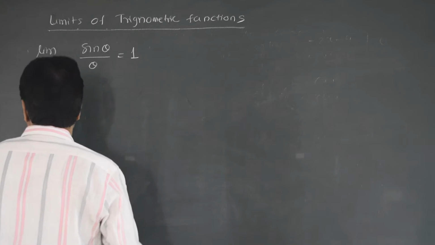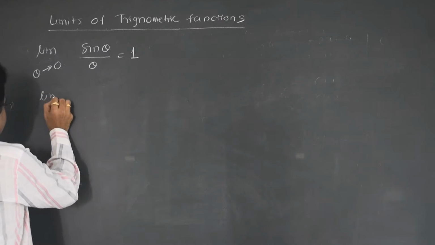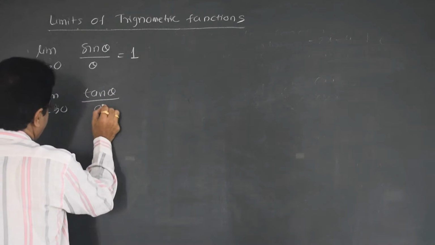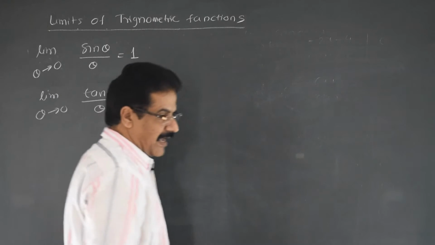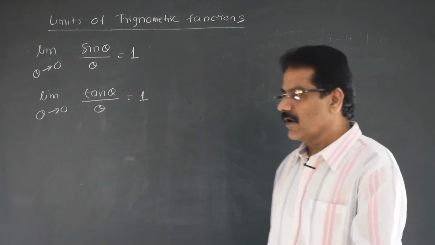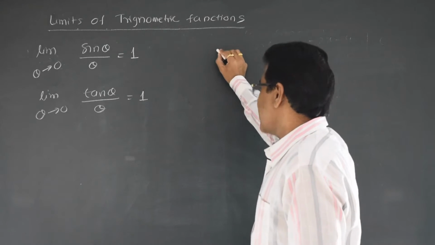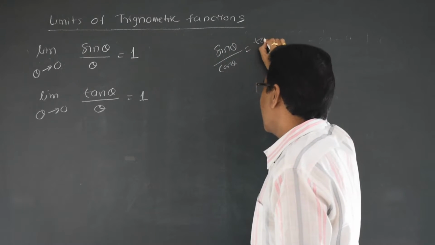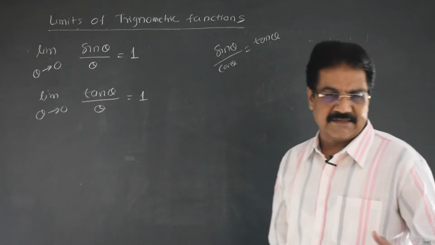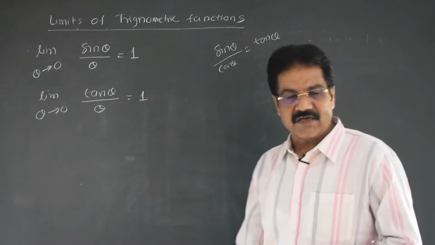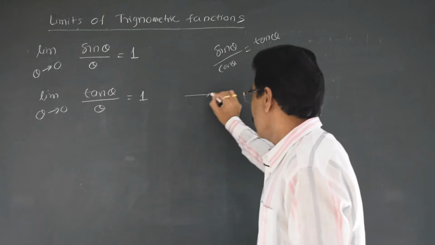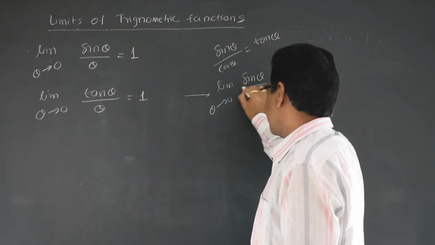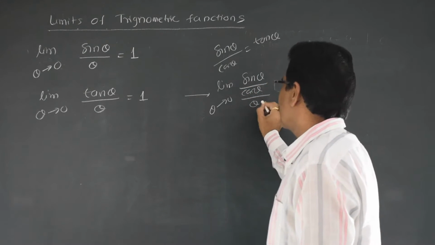So which formulas can be used? Limit as theta tends to 0 of tan theta upon theta is equal to 1. This formula can be used. Now why this formula can be used, that we will see. Sin theta upon cos theta is equal to tan theta, that you know. So if you replace tan theta by sin theta upon cos theta, then this expression takes the form limit as theta tends to 0 of sin theta upon cos theta upon theta.